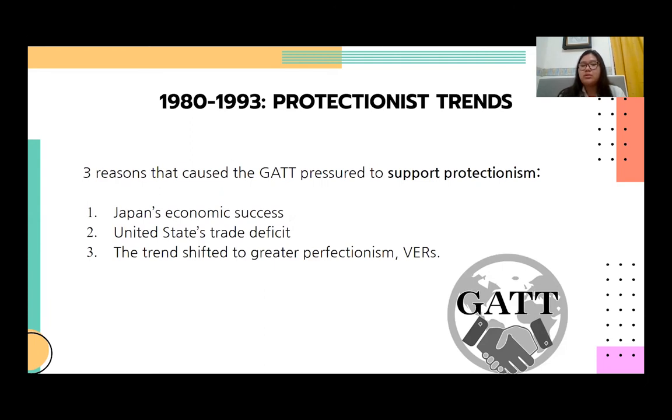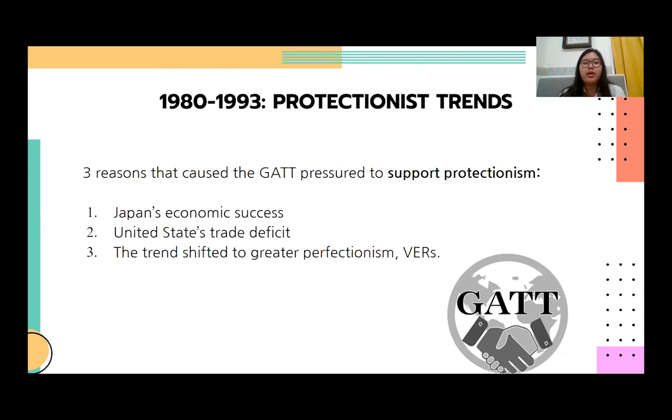Japan's economy was ruined when GATT was created, but by the end of the 80s, Japan became the world's second largest economy. Japan succeeded in industries such as automobiles and semiconductors, and that's how they gained their power in the world. But the Japanese market was closed to imports and foreign investment by trade barriers, so they kept exporting while limiting their import activities.